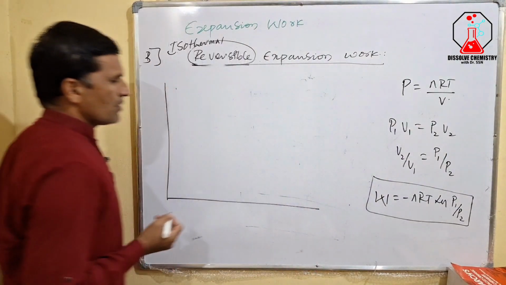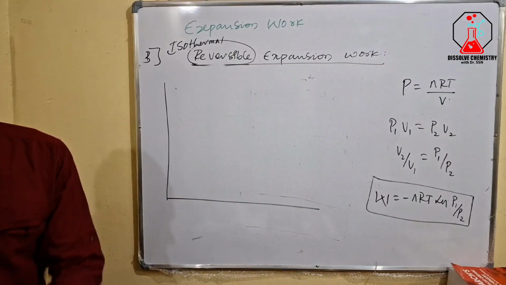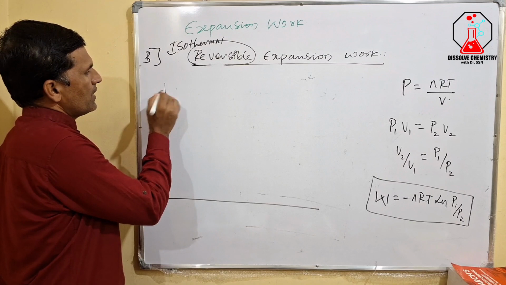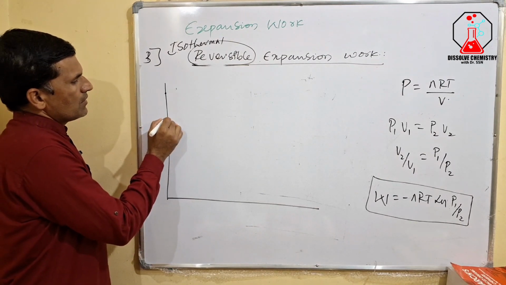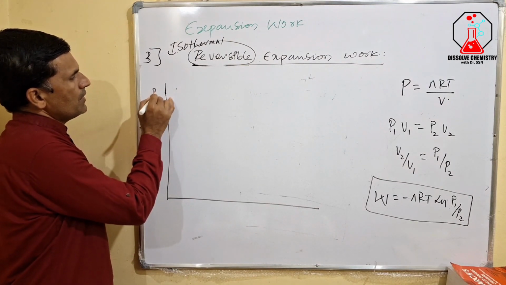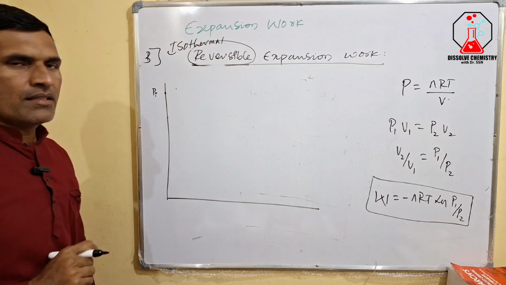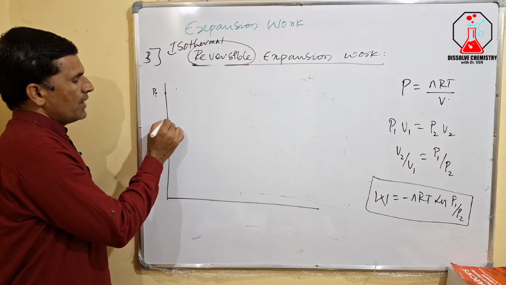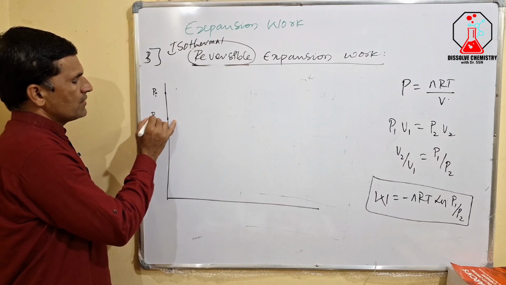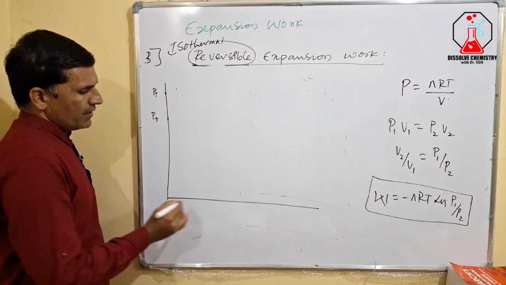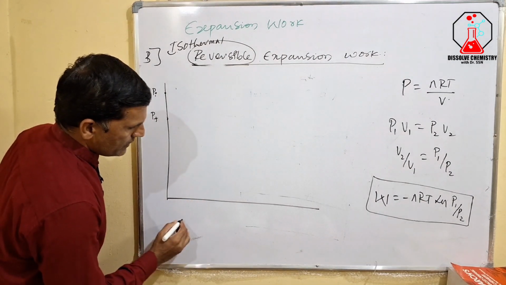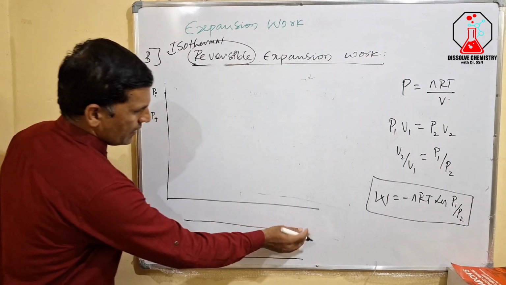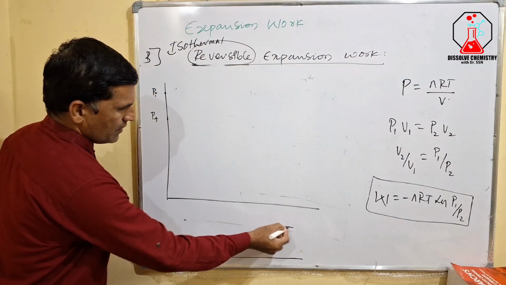Graphically we are going to represent the work done in isothermal reversible expansion of the gas. Say for example, this is your initial pressure, the external pressure, and this point you can consider as the final pressure, and your gas is expanding in a cylinder.